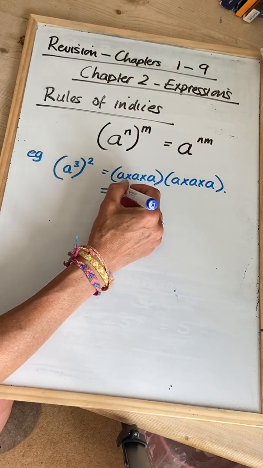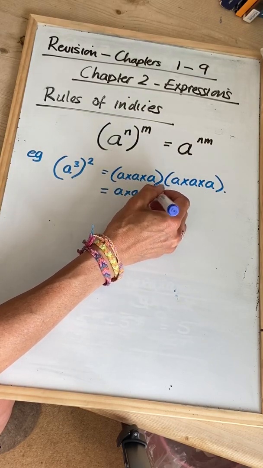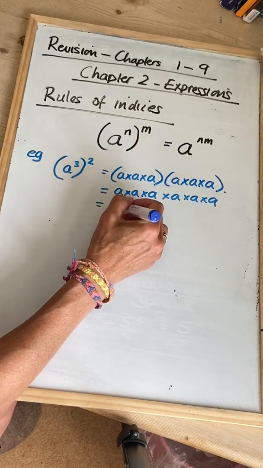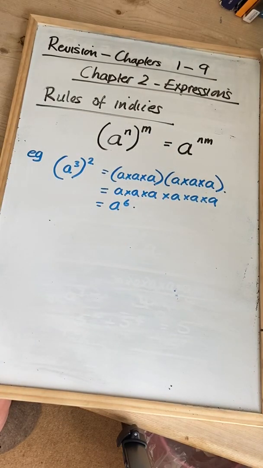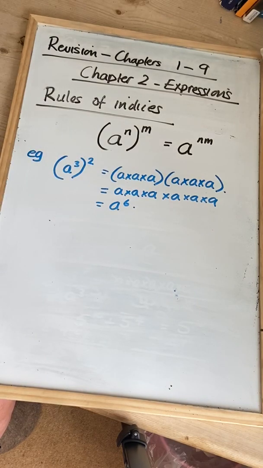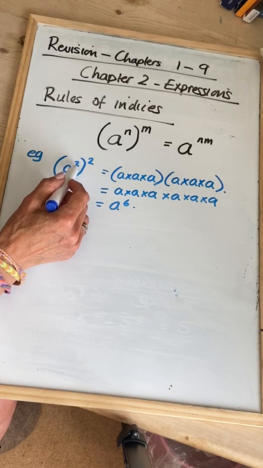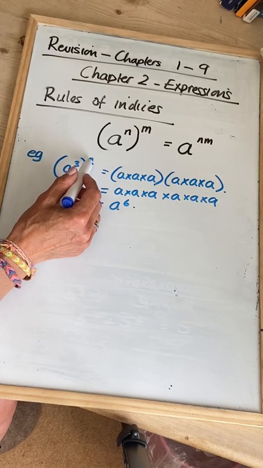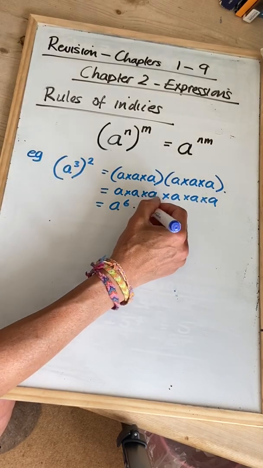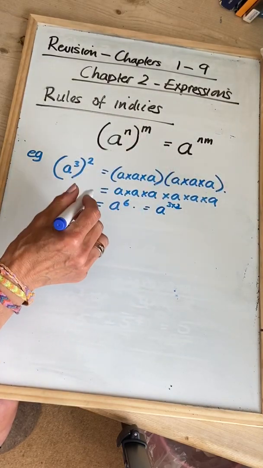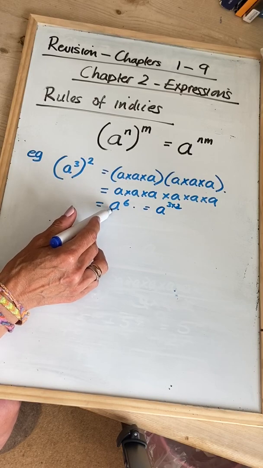So that's going to be a times a times a times a times a times a, which is a to the 6. A to the 6 is 3 times 2. So the rule is a to the m to the n means you multiply those two powers together. So no need to do all of this working. You can go straight to that answer there.